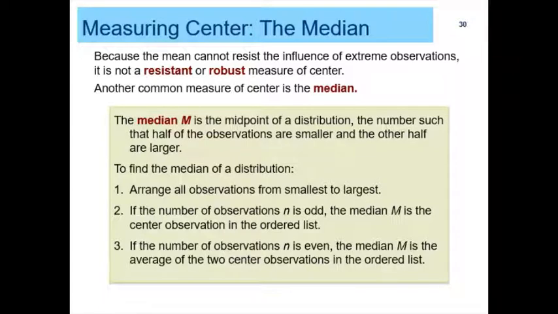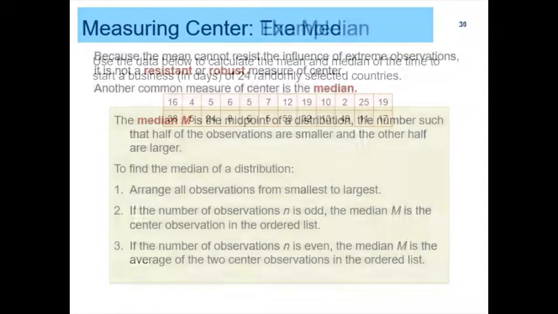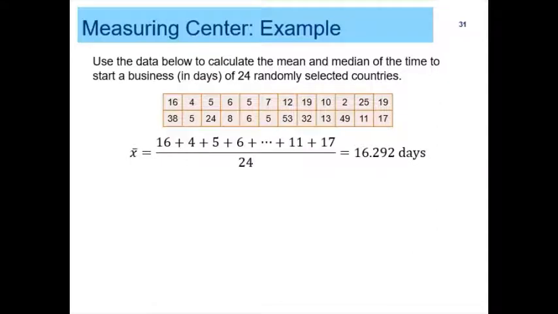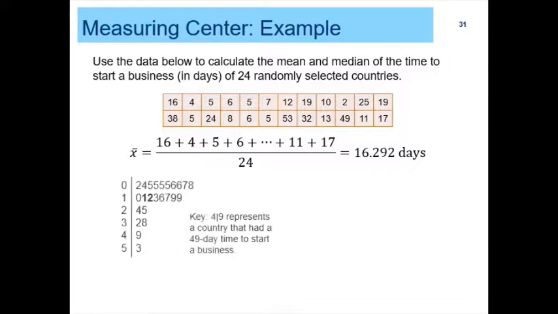To understand it better, we will go to an example: 24 randomly selected countries and the time to start a business in days. For the mean, we add all these numbers and divide by 24, because that is the total number of observations, and the mean is 16.292 days. For the median, we use the stem plot. We arrange all the observations from smallest to largest and take the middle number.